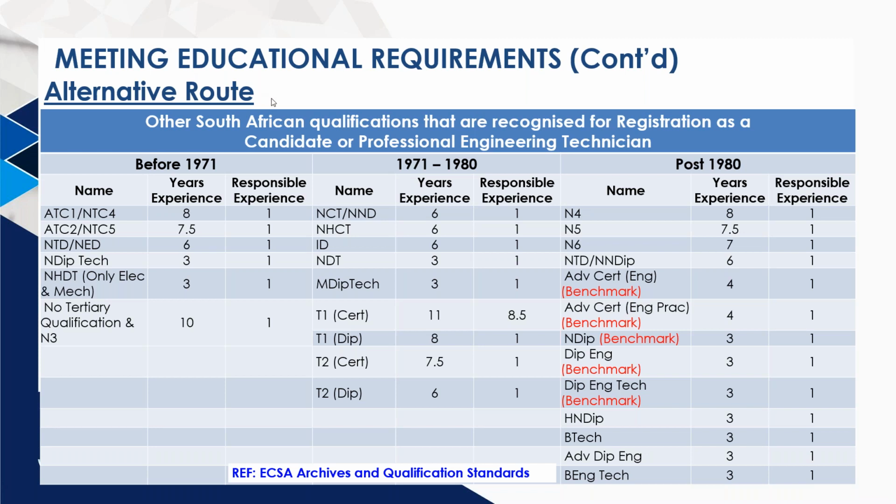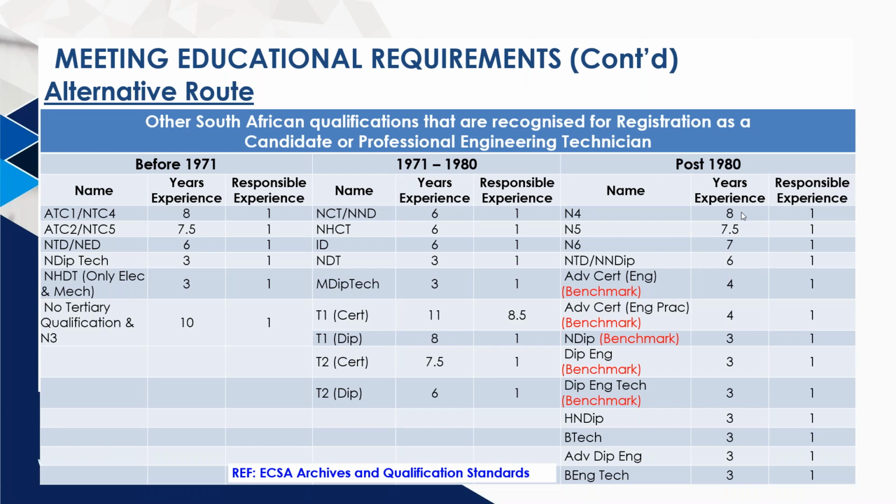As you can see up there, in order for you to meet educational requirements through an alternative route, it says here, if you have N4, you need to have worked at least 8 years for you to be able to register through an alternative route.